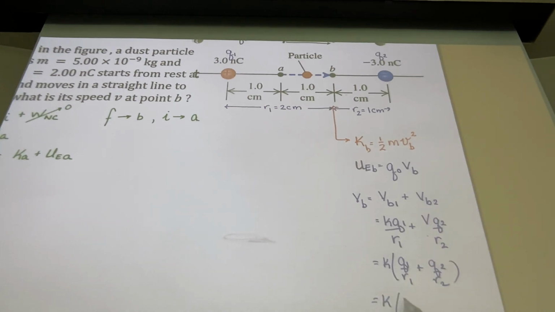K outside of 3 nanocoulombs divided by 0.02 meters plus negative 3 times 10 to the minus 9 coulombs divided by 0.01 meters gives us a potential of minus 1,349 volts.